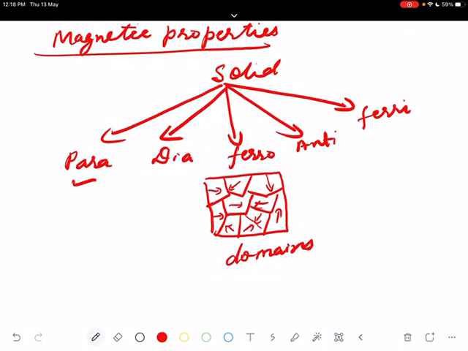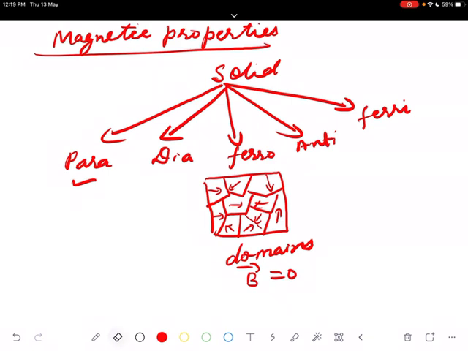When the substance is placed in a magnetic field, now what happens? All the domains get oriented in the direction of the applied magnetic field.